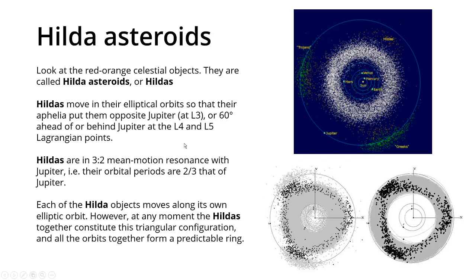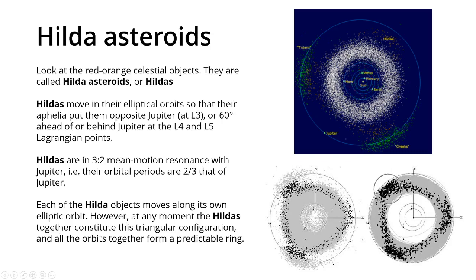Now there are a lot of Hilda asteroids. We call them Hildas. And it's so weird. Each Hilda asteroid is actually in an elliptical orbit. But for some reason, if you plot them all, it will look like they are accumulating in a triangle orbit. Can you see? It looks like a triangle.